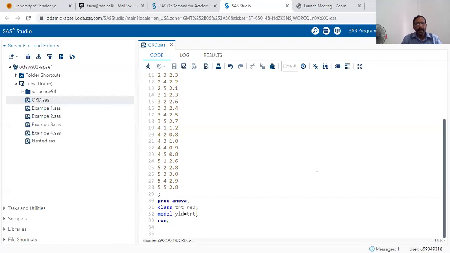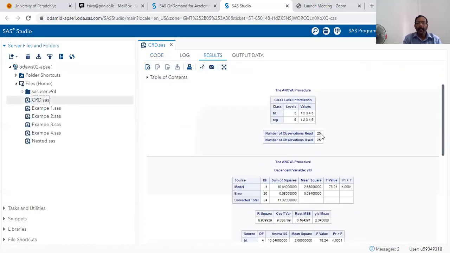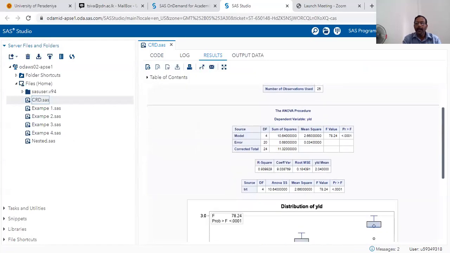Classified variable, treatment, replicate, and so on. Model, right? Model and run. So we can run and see. So this is our output. Yesterday also we discussed this output, right?